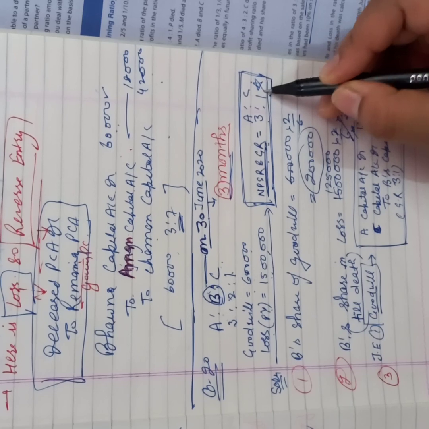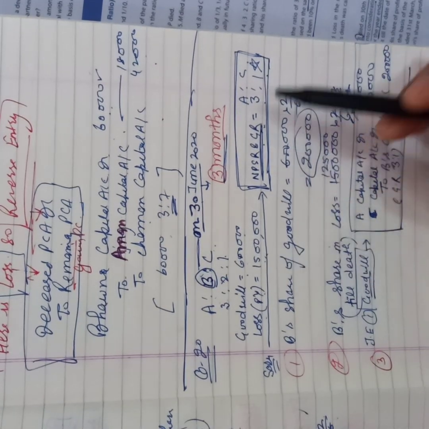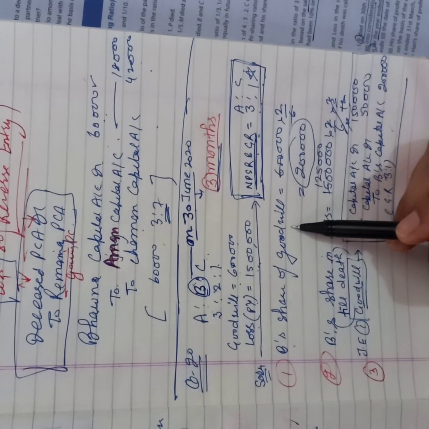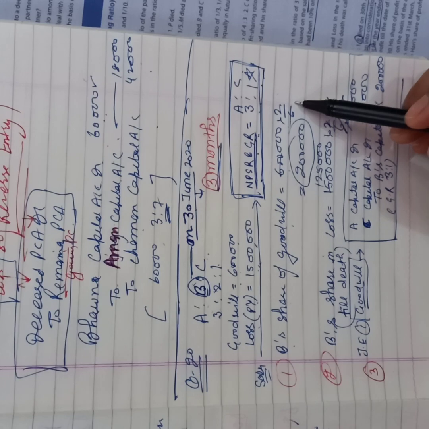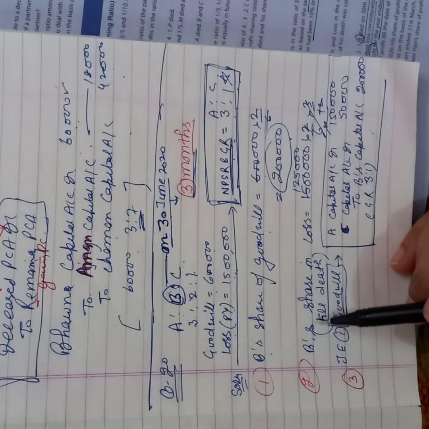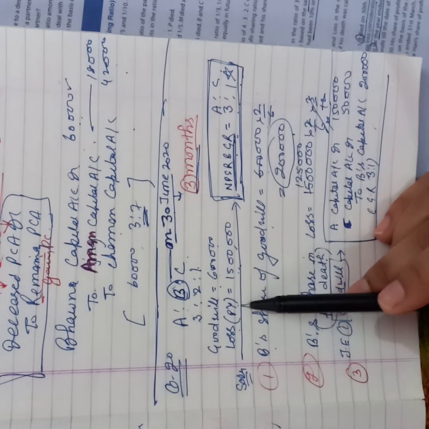This is most important for division of goodwill as well as for division of loss. We will use this 3 to 1 ratio. First of all, we will find out B's share of goodwill in this 6 lakhs. 6 lakhs into 2 by 6, 2 lakhs. That is B's share of goodwill. Second, B's share in loss till the date of death, because loss is given for the full year.